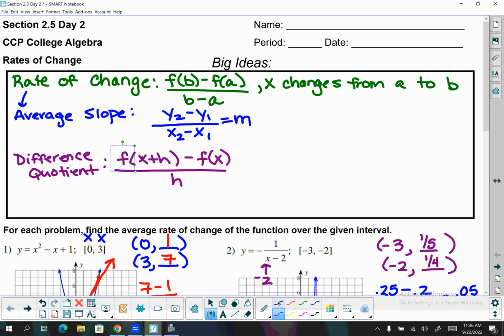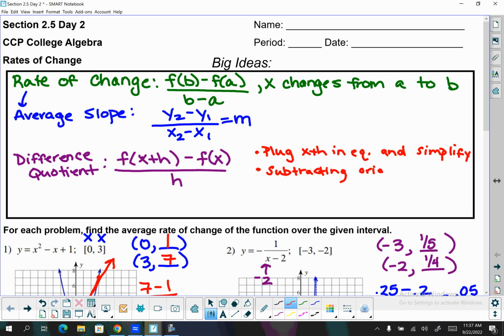In words, what we are doing with this formula, we are plugging x plus h in the equation, and simplifying in that first little notation. The second thing we are doing is subtracting the original equation. That's what the minus f of x means.